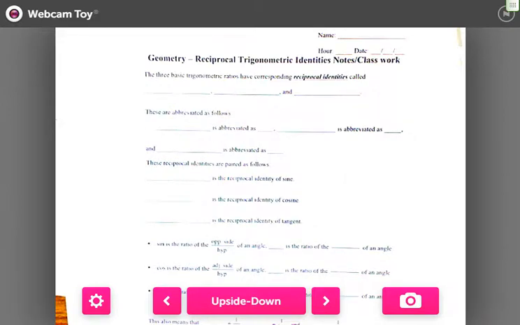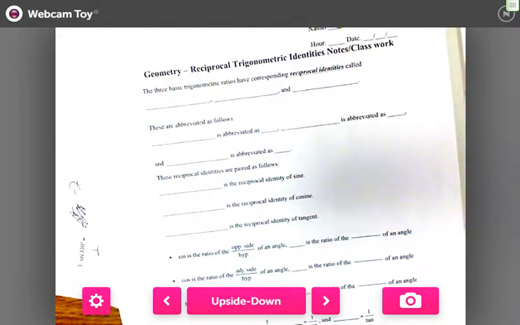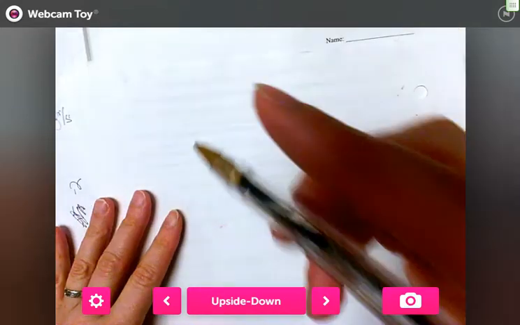Okay, so today we're going to look at reciprocal trig identities, notes, and classwork. The first thing let's talk about, we did it kind of on the warm-up, but I want to mention it again.